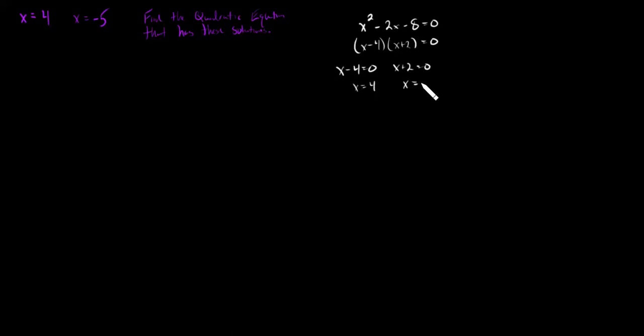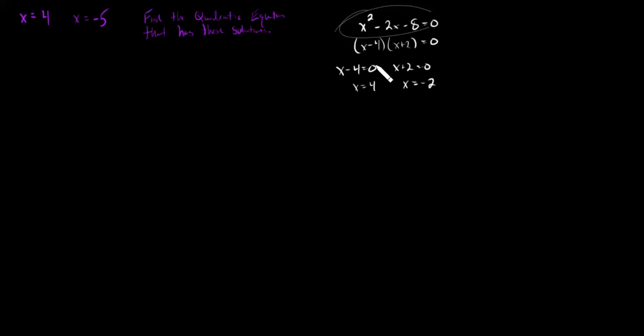Well, what we're doing here is working backwards. We're given these two solutions, and we need to go every step backwards to find what the actual equation was, in standard form.